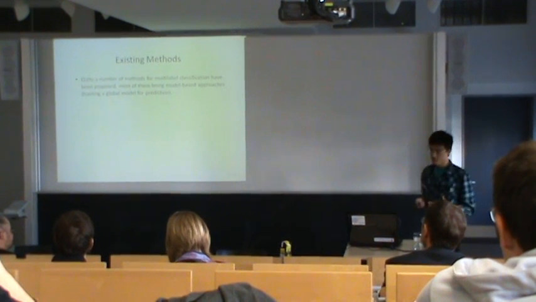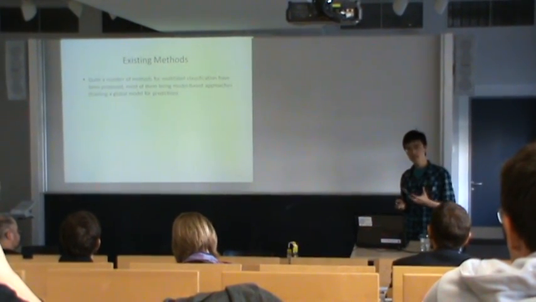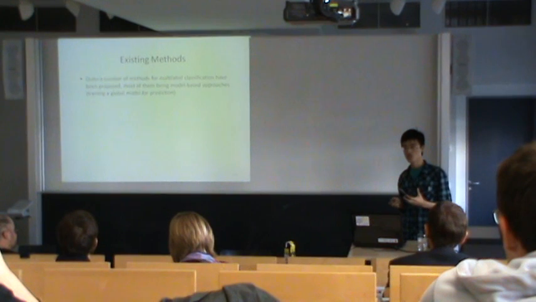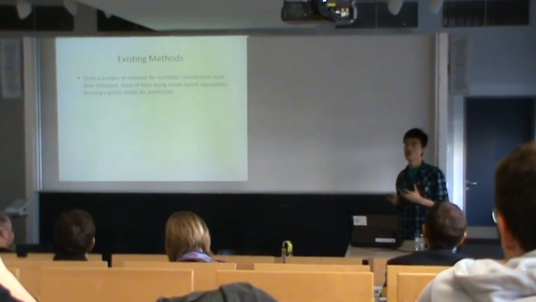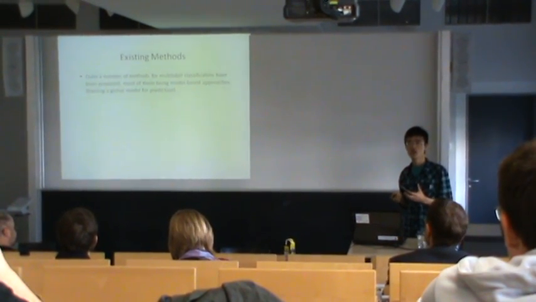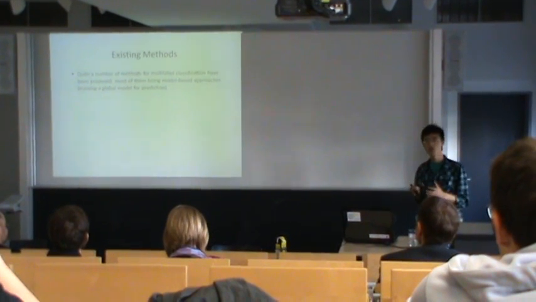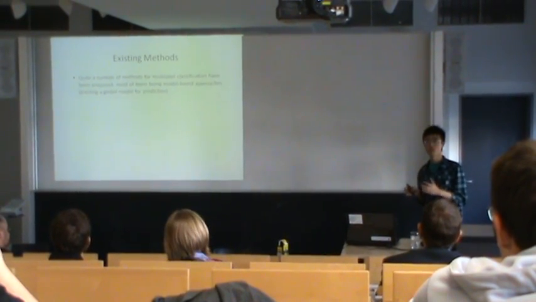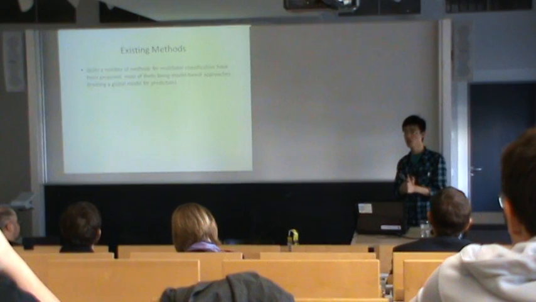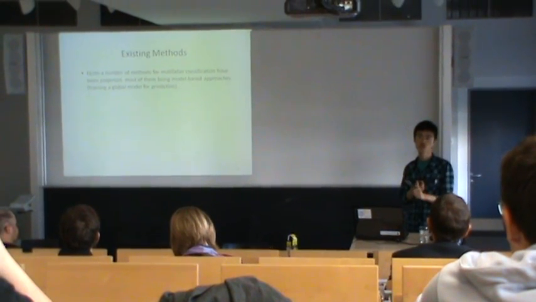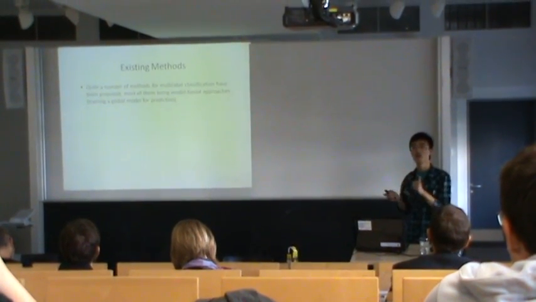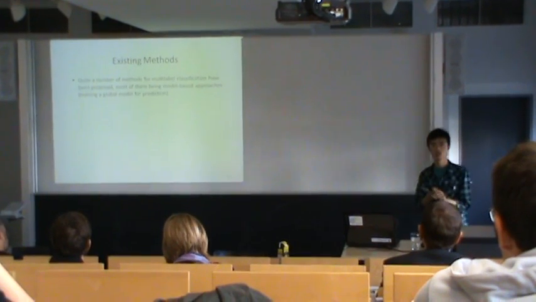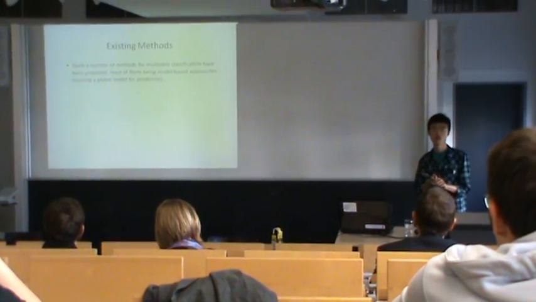But on the other hand, if you think about it, the instance-based approach has so far not been intensively addressed. This is somewhat strange because in conventional binary classification, the nearest neighbor instance-based approach is very strong. But in the multilabel case, it's not yet fully addressed.